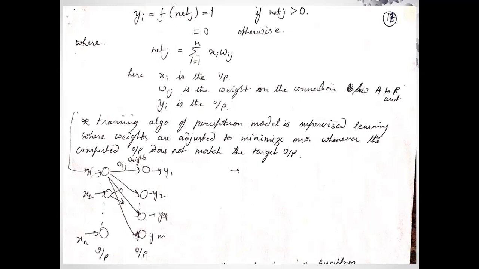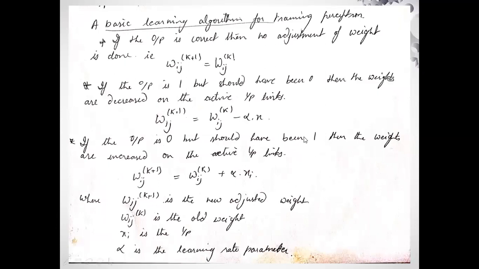So the algorithm which we are working on for this particular perceptron is, see, there will be three conditions. First of all, we need to understand that we are going to compute the actual output with the help of a neural network. We will have a certain target output.